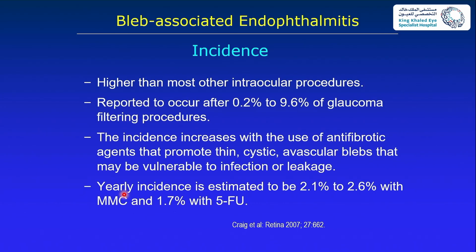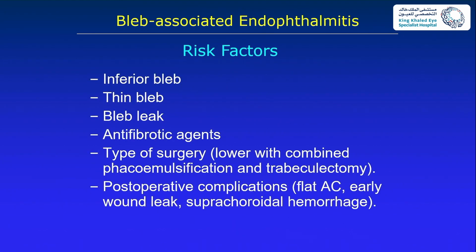There's a marked increase after the use of antifibrotic agents that will induce a thin, cystic, avascular bleb that may be vulnerable to infection or leakage. The yearly incidence is estimated to be 2.1% to 2.6% with mitomycin C, and 1.7% with 5-fluorouracil.